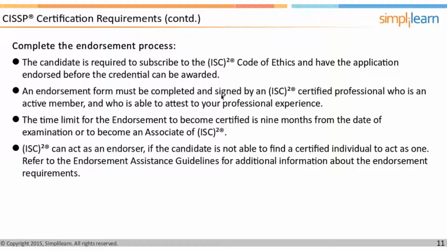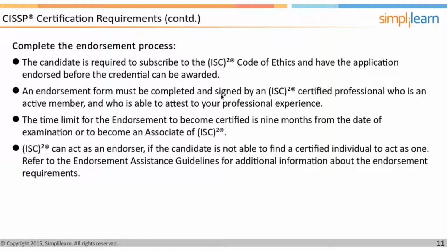Both of these activities, the subscription to the CISSP Code of Ethics and the endorsement form, are not very difficult. For the Code of Ethics, you just have to say I agree, obviously after understanding it. For the endorsement form, suppose you do not know anybody who is a CISSP certified professional and an active member, then you can just tell CISSP, I'm sorry, I do not know anybody, and CISSP can act as an endorser.